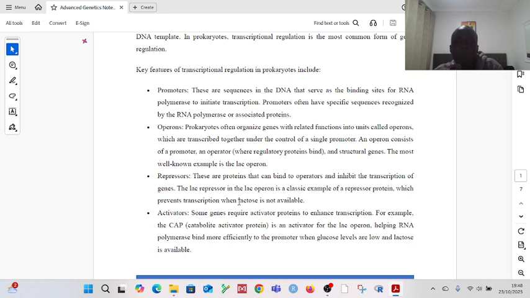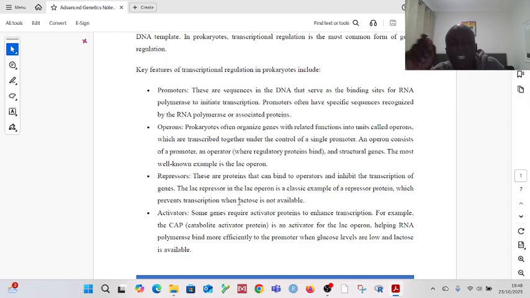So what the activator does, once it binds, it enhances the transcription, and we'll see how that happens. Once the activator binds, it leads to the efficiency of the RNA polymerase kushikana na promoter.